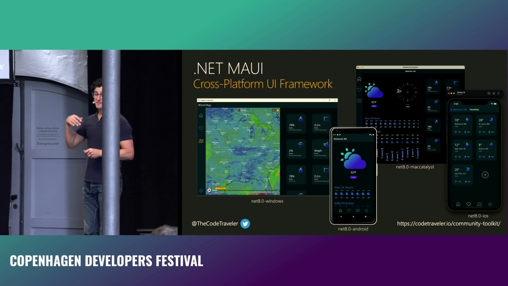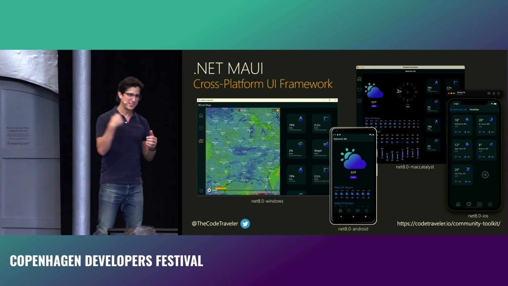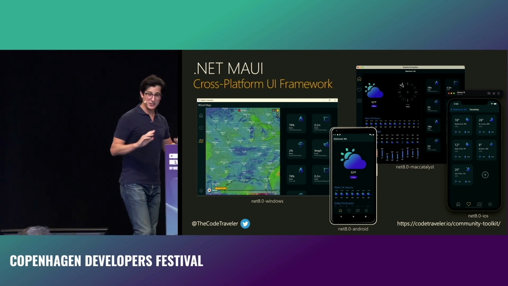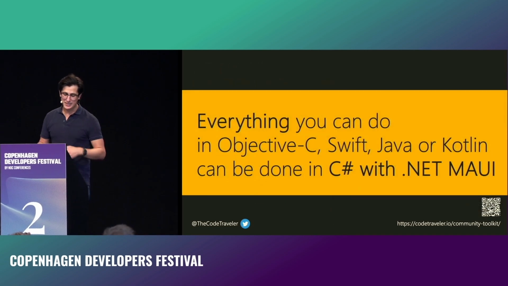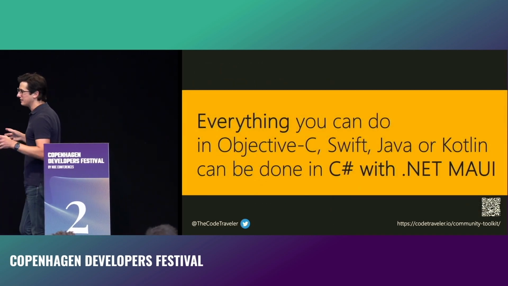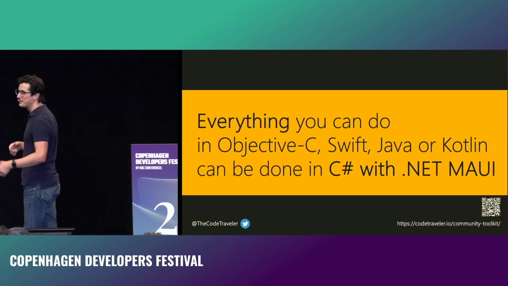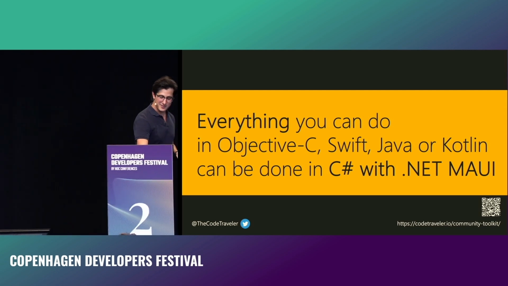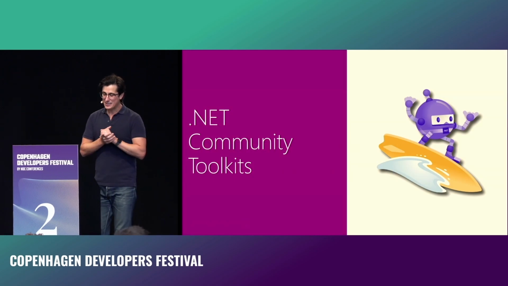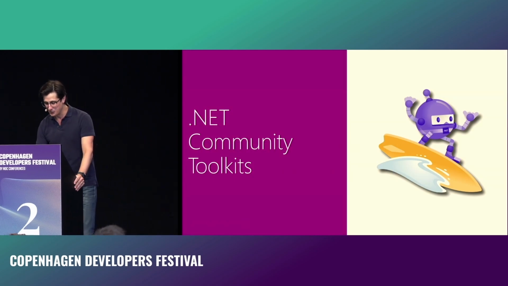But if you do have a designer and that designer insists that the apps have to look identical, that's totally cool too. You can customize it however you want. But with .NET MAUI, anything you can do in Java, Kotlin, Objective-C, or Swift, we can do in C# with .NET MAUI.